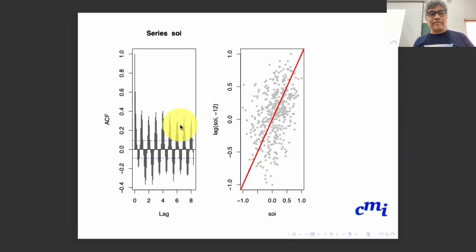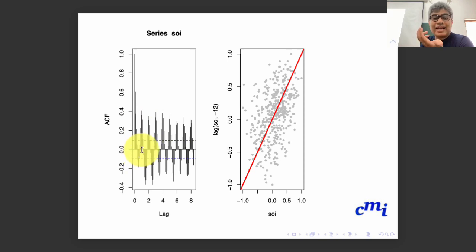So instead you look into the ACF plot and identify which lag value has a very strong correlation, like here, maybe there is a very strong correlation.